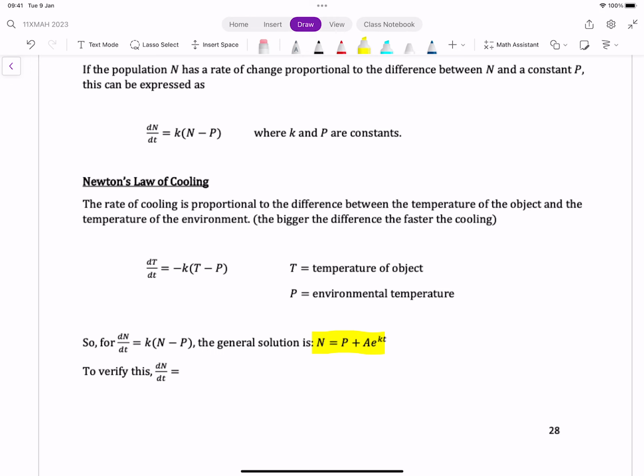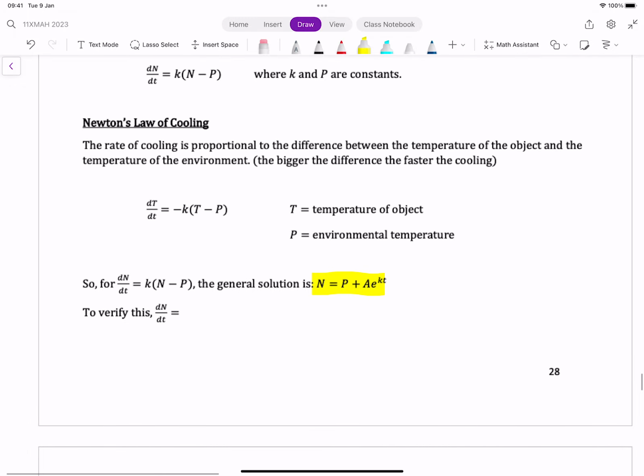We can see that this is the exact same as our exponential growth and decay, except you've got a plus P out the front. So we can verify that dN/dt = k(N minus P) is a solution to this. If we differentiate N, we get k times A e to the kt.